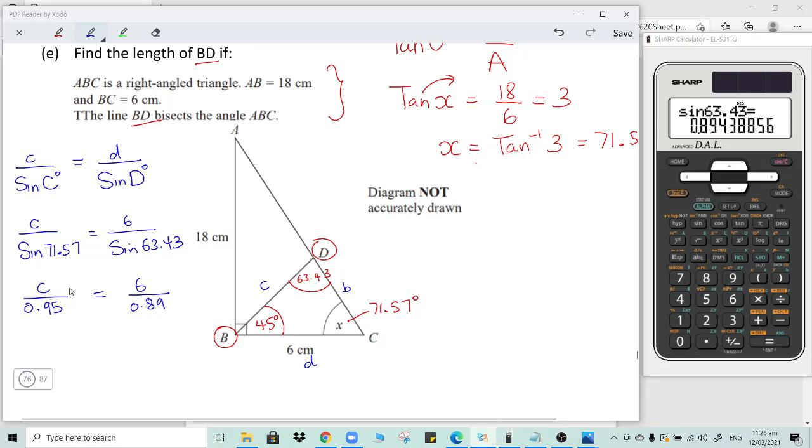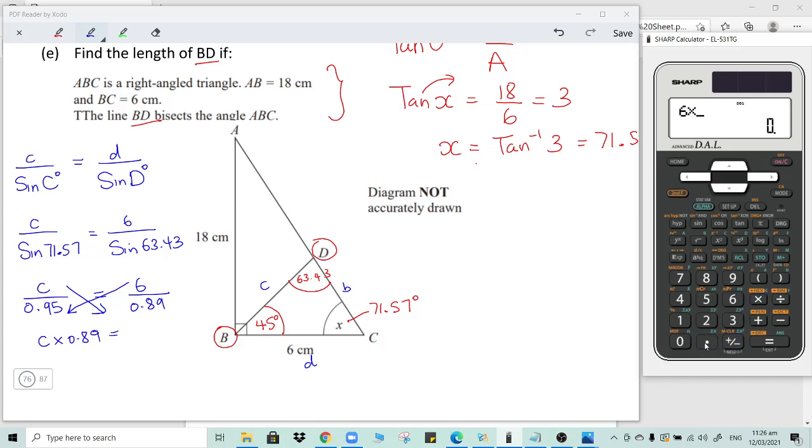Let's cross multiply. C multiplied by 0.89 is equal to 6 multiplied by 0.95. I guess I can do that straight on the calculator. 6 multiplied by 0.95 is 5.7.